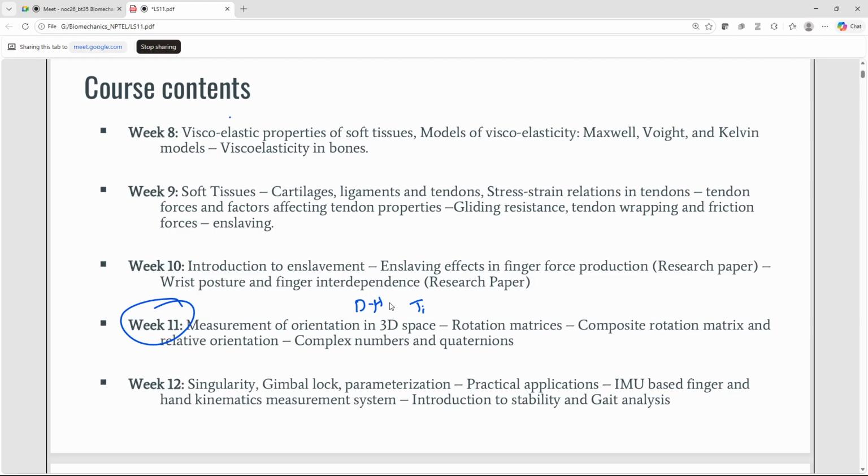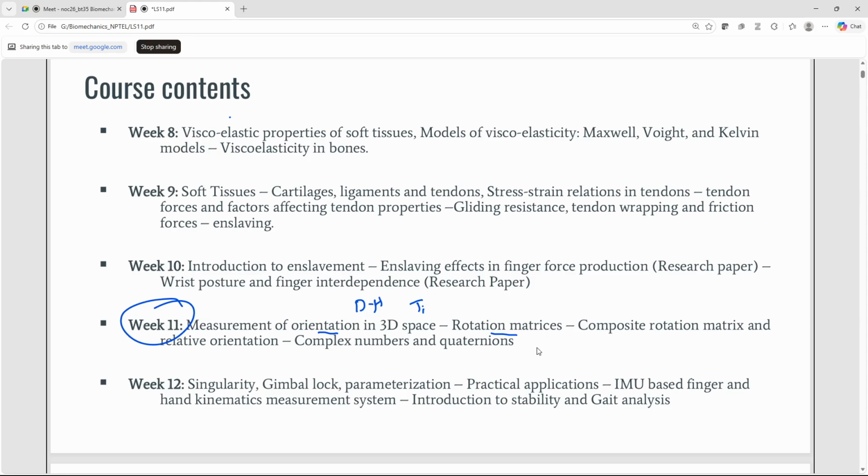We will be entirely discussing how the orientation, the angle in which something is oriented, of vectors or components in 3D space is expressed. There is a concept of rotation matrices.